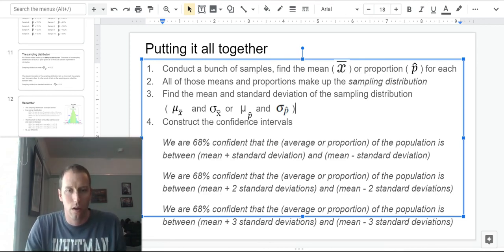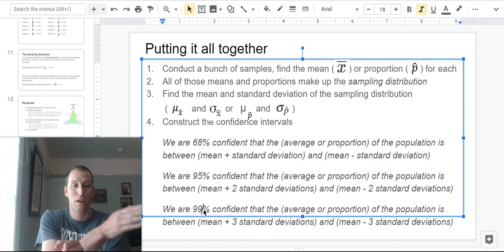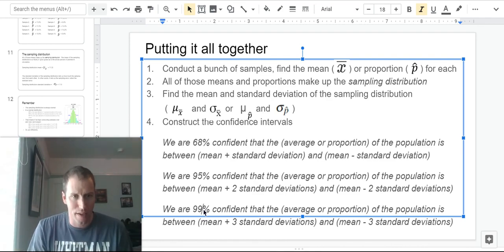We are, and I didn't update this, it should say 95, we are 95% confident that it's within 2 standard deviations, and we're 99% confident that it's the mean plus or minus 3 standard deviations. Bigger range equals greater degree of confidence. And there you have it. That's how we do it for categorical data.